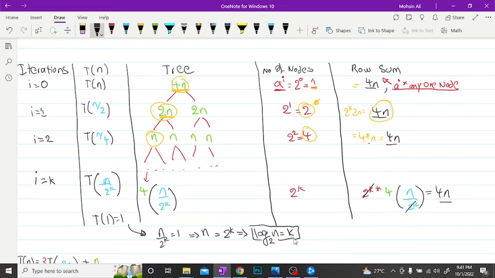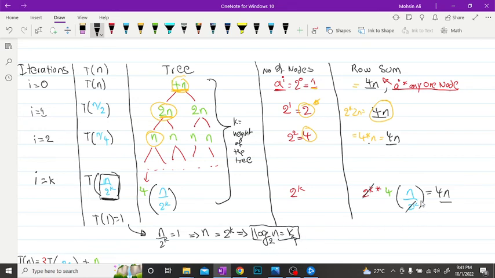This k is basically signifying the height of the tree. And this k value is always dependent on how you're generalizing this and the inner function of your polynomial. So this is n divided by 2^k, and you're going to get log base 2 of n equals k.